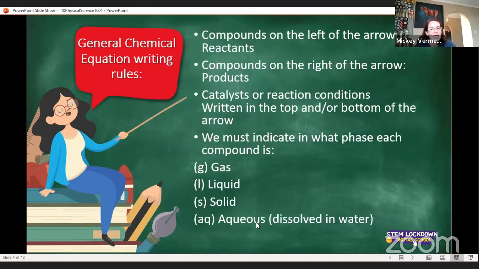AQ means aqueous. It means that whatever compound this is behind is dissolved in water, okay? A catalyst is something I add to a reaction to make it go faster. And normally you see the catalyst on top of the arrow. Sandra, go back a slide.